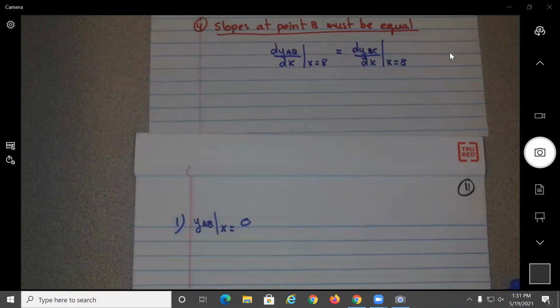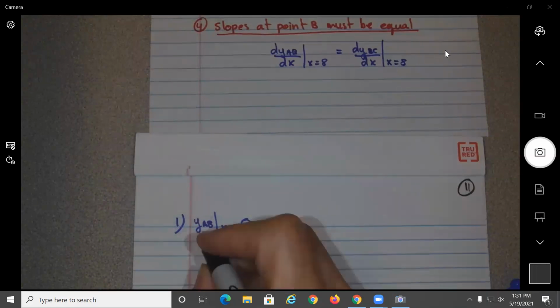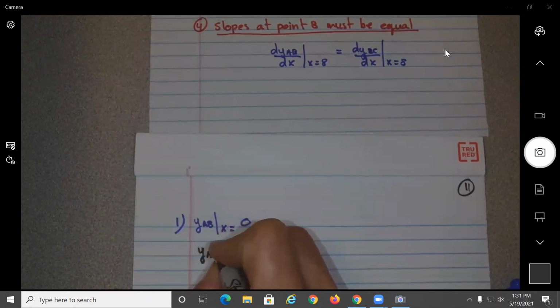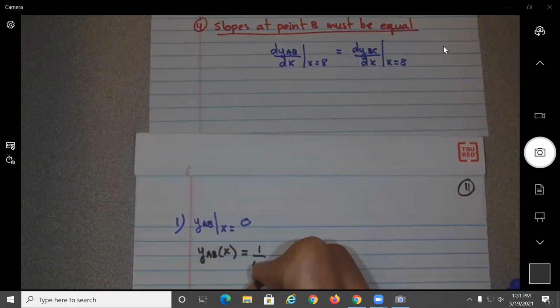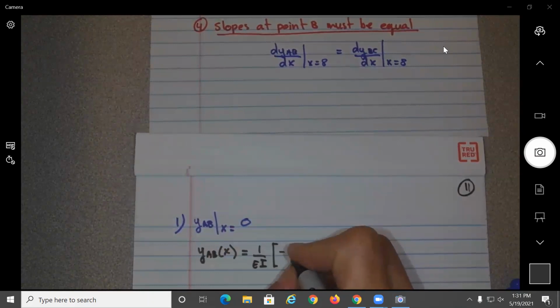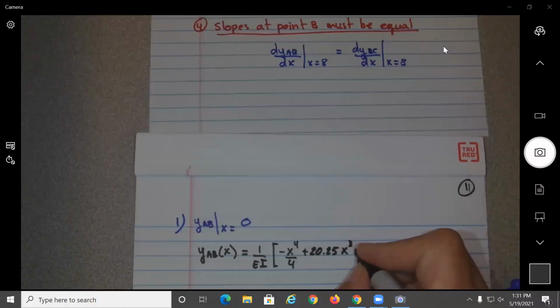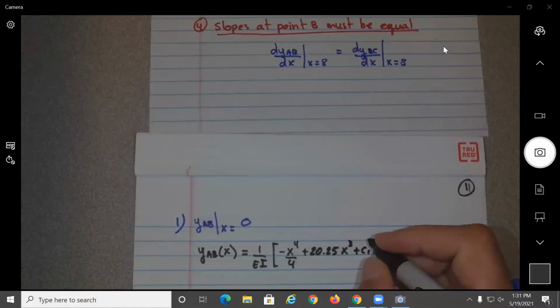YAB of X is equal to 1 over EI times minus X to the 4th divided by 4 plus 20.25 X cubed plus C1X plus C2.